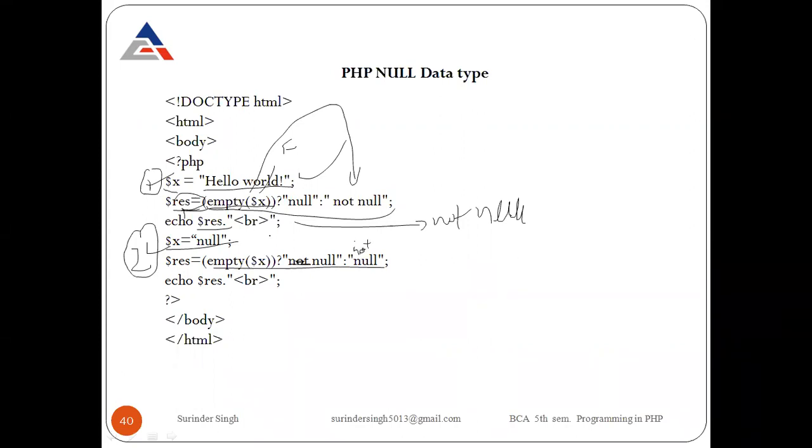Now we are checking empty x. Now x has value null, so x is empty. So this expression will return true, and expression 2 will be executed, and it will assign null to the result variable, and the result variable prints null. Clear? This is all about the null data type.